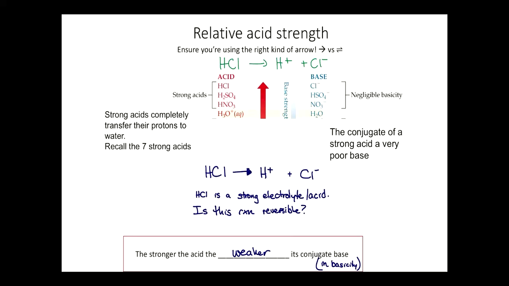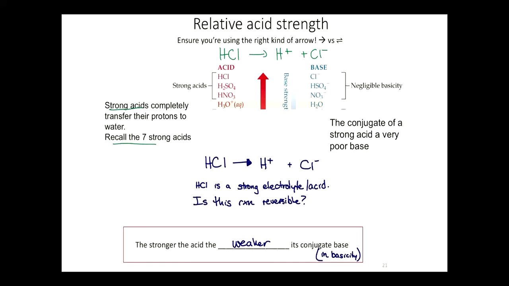All right? So here what we see is HCl is a really strong acid. Chloride minus, its conjugate base, is actually not a base at all. It is pH neutral. So for all the strong acids, their conjugates are pH neutral. And so what you want to get out of this table is that the stronger the acid, the weaker its conjugate base is in basicity.